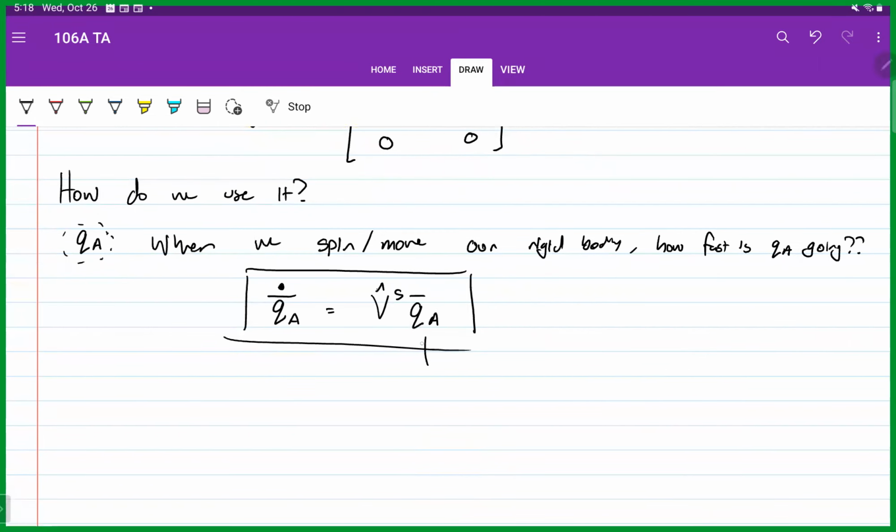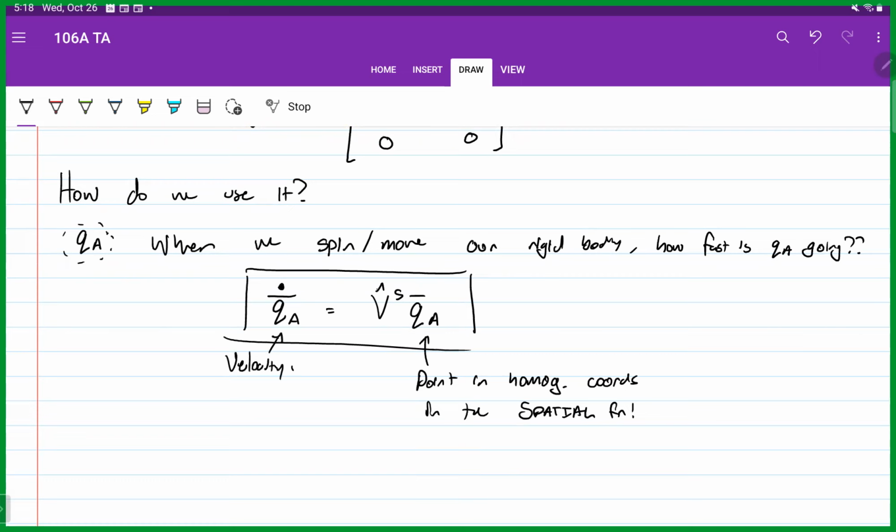So this is our point in homogeneous coordinates in the spatial frame. And this spatial rigid body velocity is taking us from our point in our spatial frame to its velocity vector in the spatial frame.